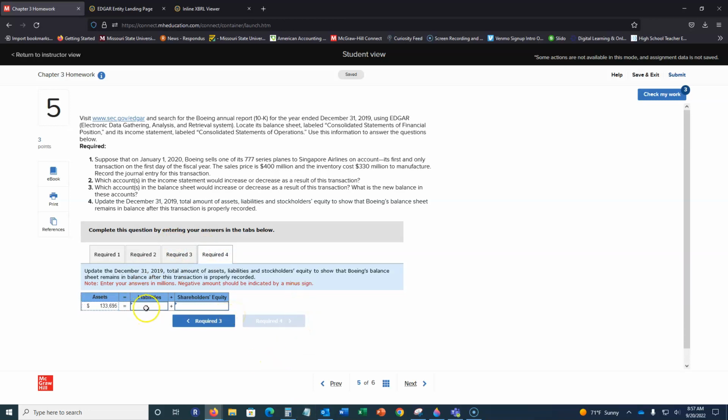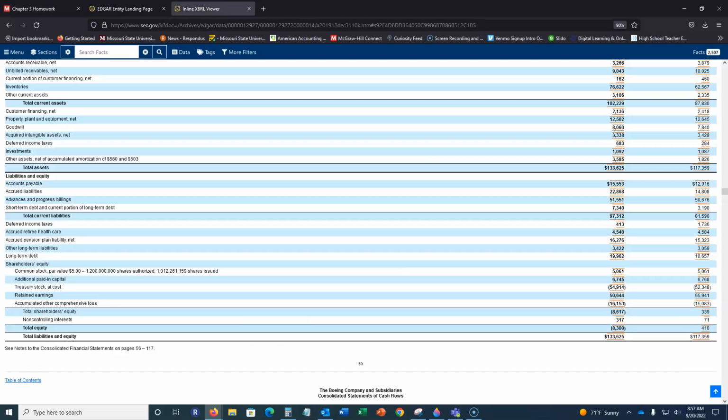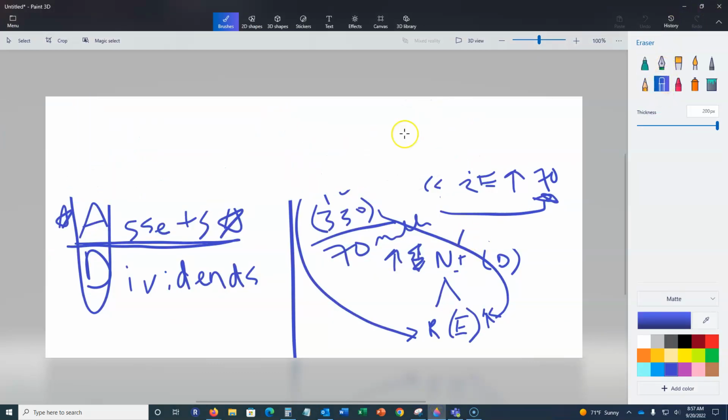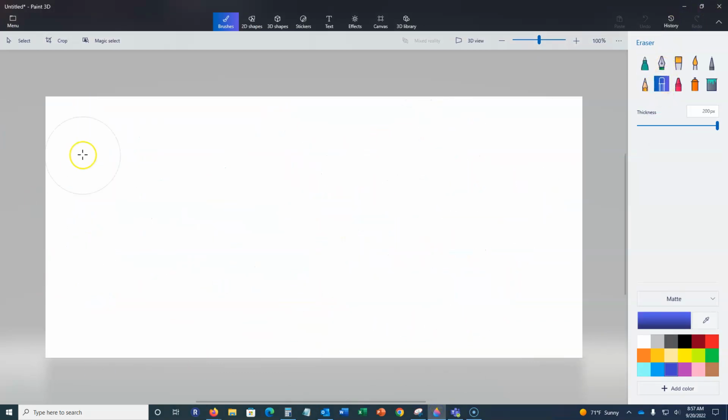We're not sure what our liabilities are yet, and we're not sure what our stockholders' equity is yet, but we can solve for that. Okay. It's not too difficult to solve for these. So we know that assets equal liabilities plus equity.